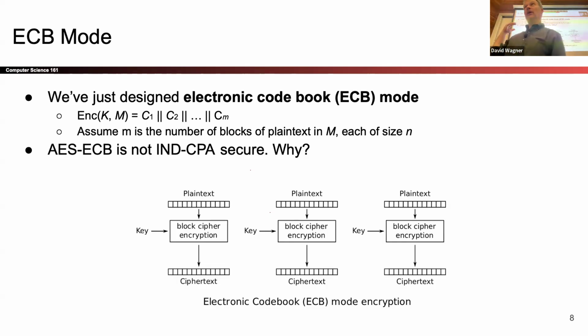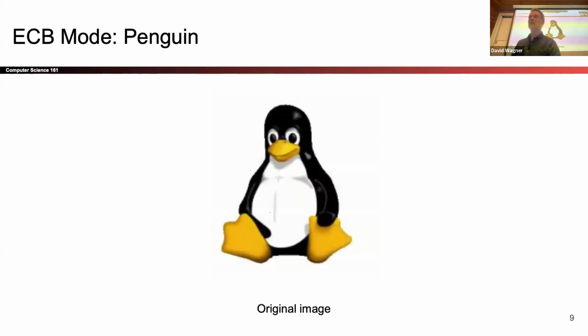And this is not secure, because if the first and the second 128-bit chunk of the message are the same, then Eve can observe a repeat down here and tell that the message had that structure. And I told you I would give you some intuition for why this is not just a theoretical problem, but in some cases can actually be a very severe problem. Here's an example of encrypting an image.